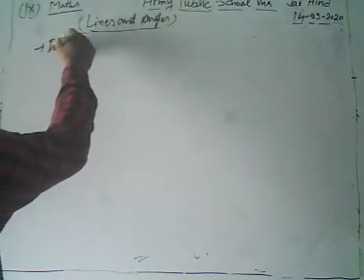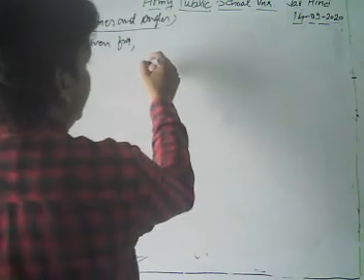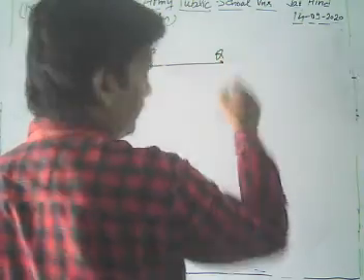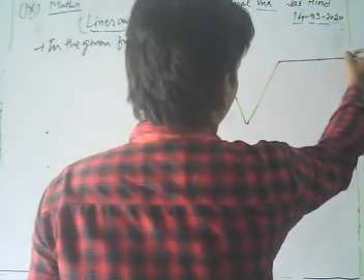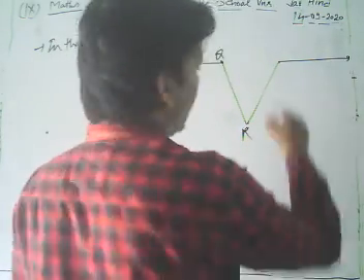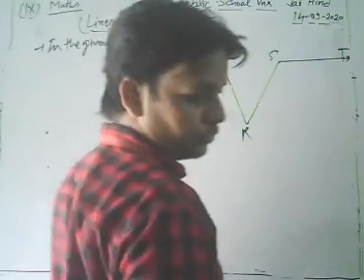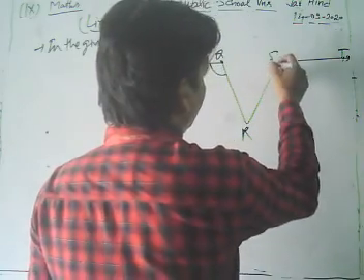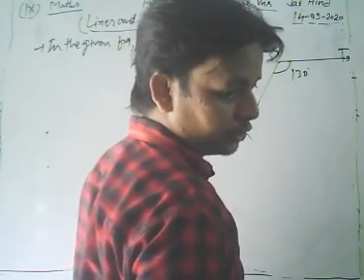Look, in the given figure, with points P, Q, R, S, T, angle PQR is equal to 110 degrees and angle RST is equal to 130 degrees. Then we have to find the angle QRS.